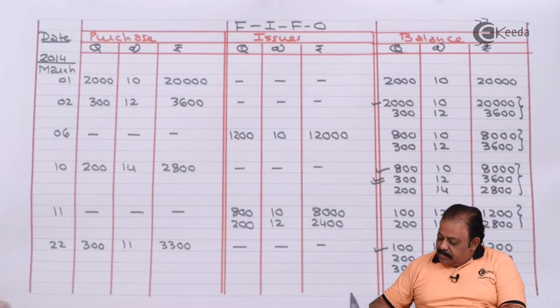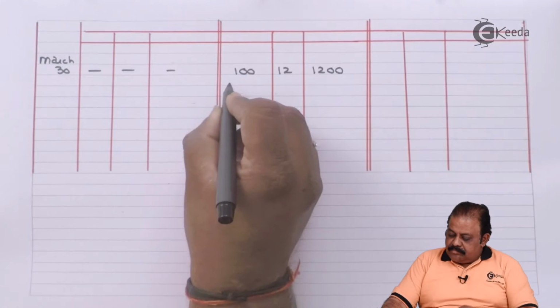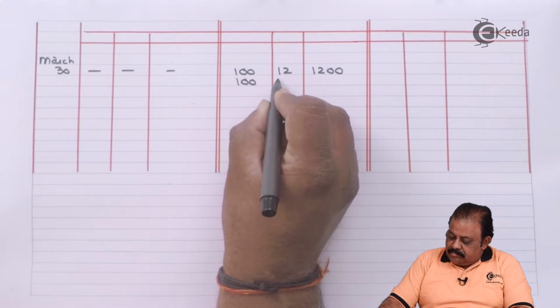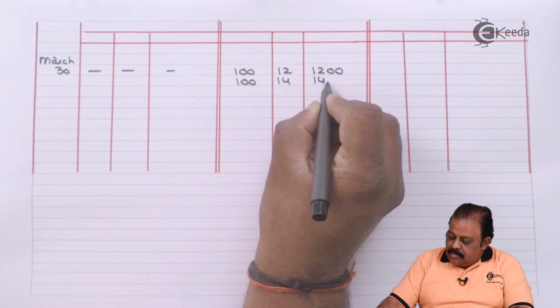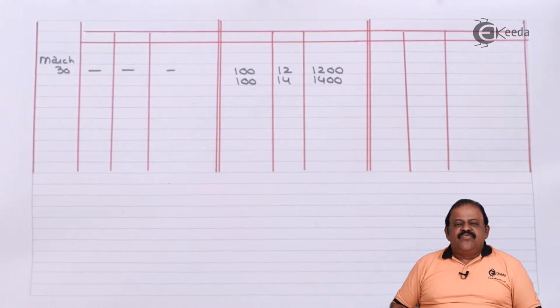Next, 100 units will be taken from this lot. Rate is 14. 1,400.